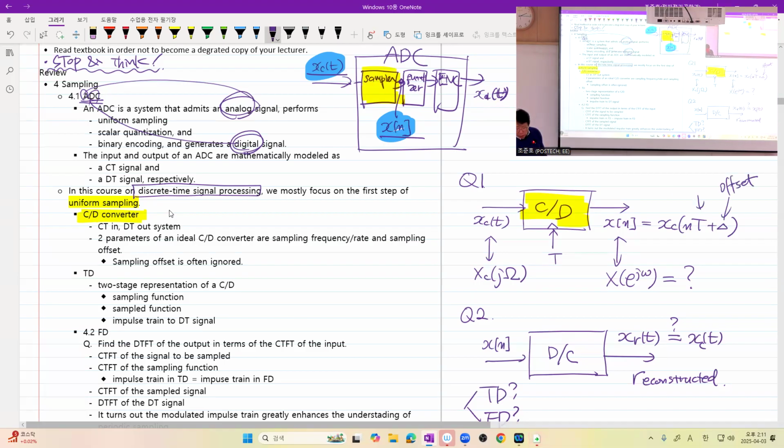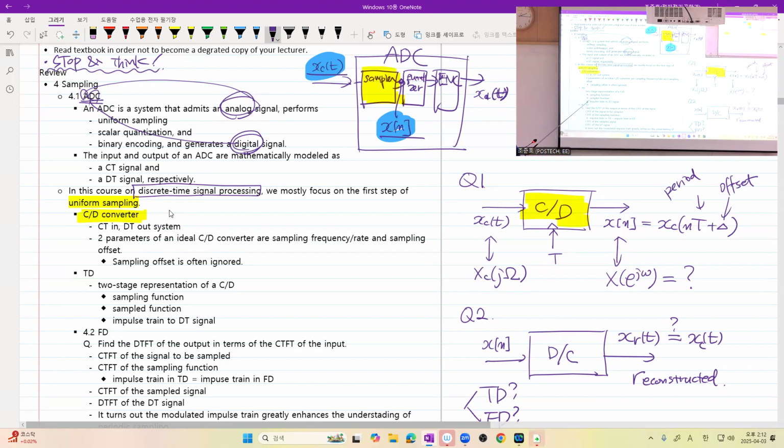And this T is the sampling period. However, in most of the textbooks, they ignore this offset delta, setting it to 0 for convenience. So apparently, a C2D converter has one input, one output, and one parameter. However, in the practical world, you have to consider the offset.